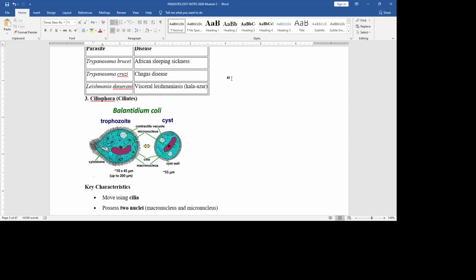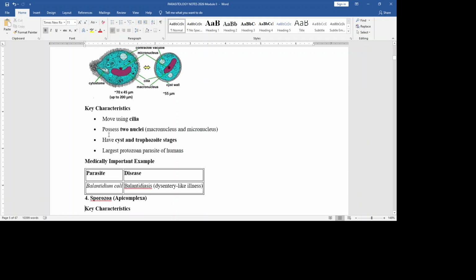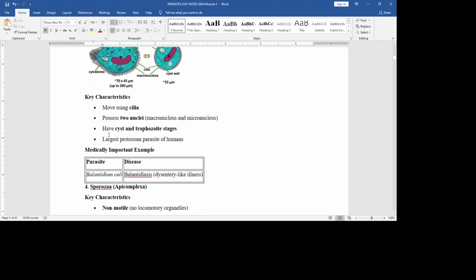We can see that it has the cytostome, which is the cell mouth for feeding, and the hair-like projections surrounding the cell. And the most important representative species for this is the Balantidium coli.